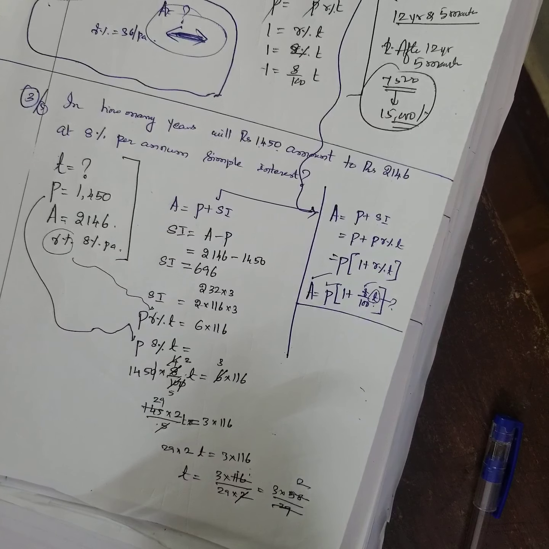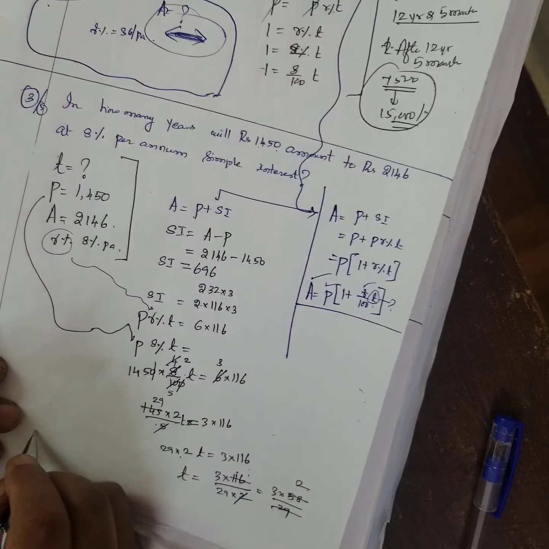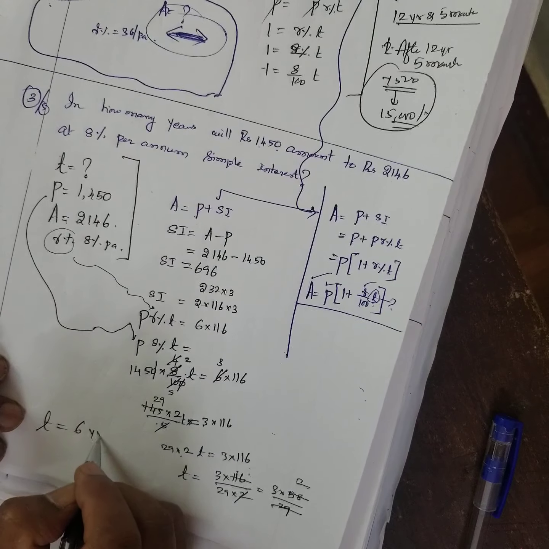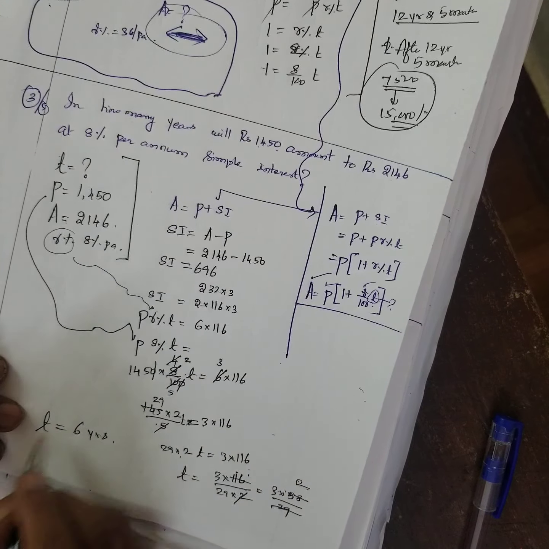Is it? Somewhere we went wrong. Somewhere this is 2T. This is 3. Okay. Therefore, T is equal to 6 years. 2 3s are 6.